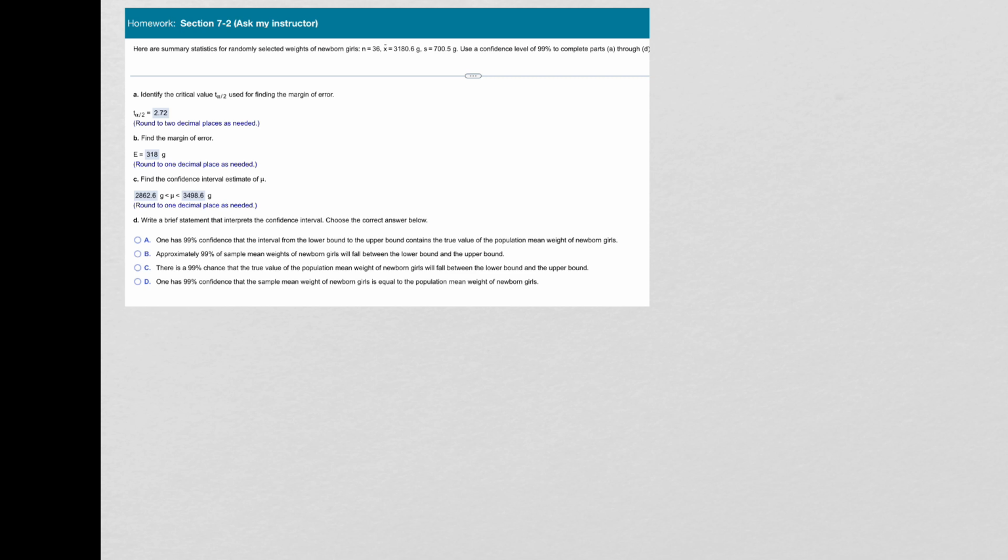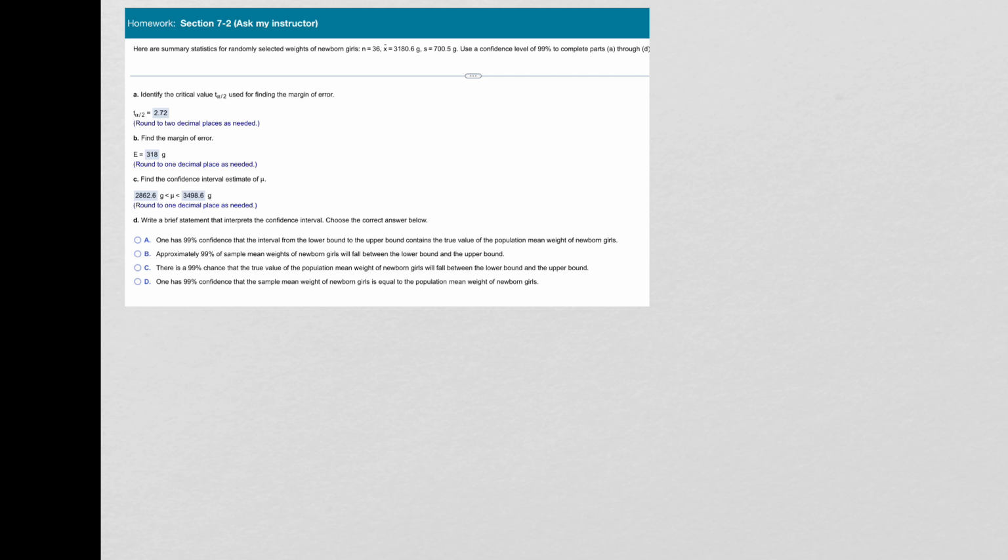So what we're looking for is that we have a 99% confidence that the actual value of the population mean is falling within the confidence interval that we found. That population mean is not going to change. It is what it is. Maybe we got a good confidence interval, maybe we didn't.